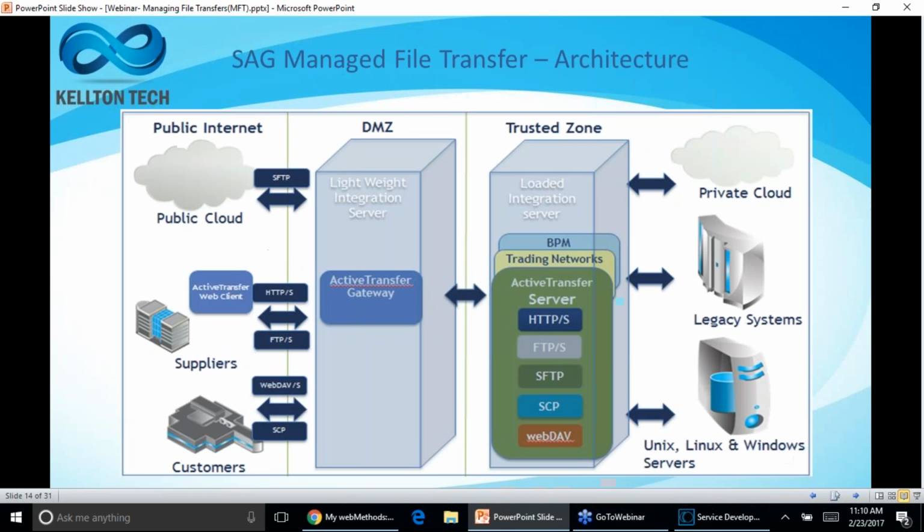Managed file transfer architecture. When it comes to the architecture, it has three components. One is the Active Transfer web client, another is the Active Transfer Gateway server, and the third one is the Active Transfer server.